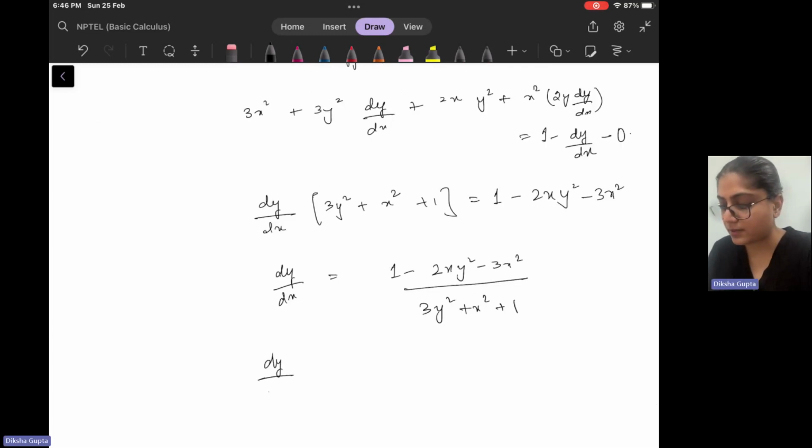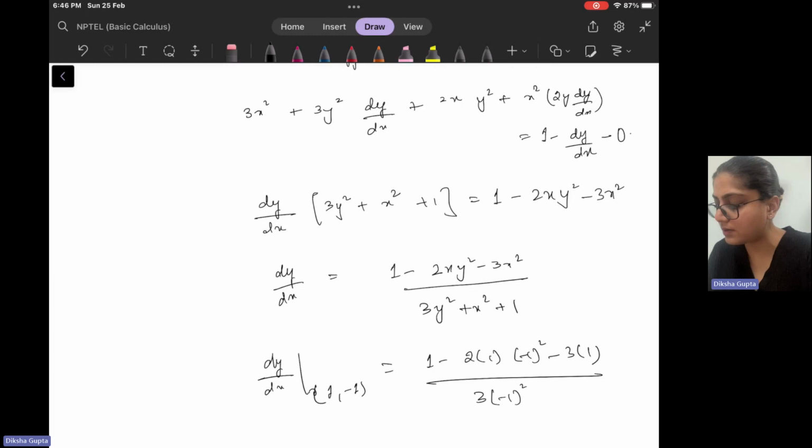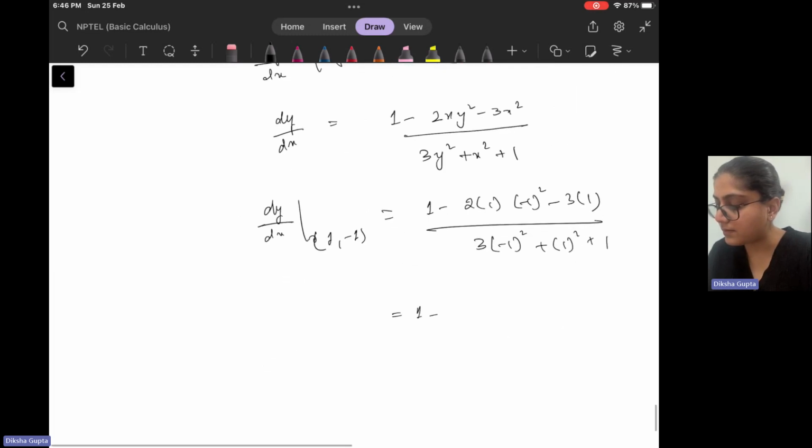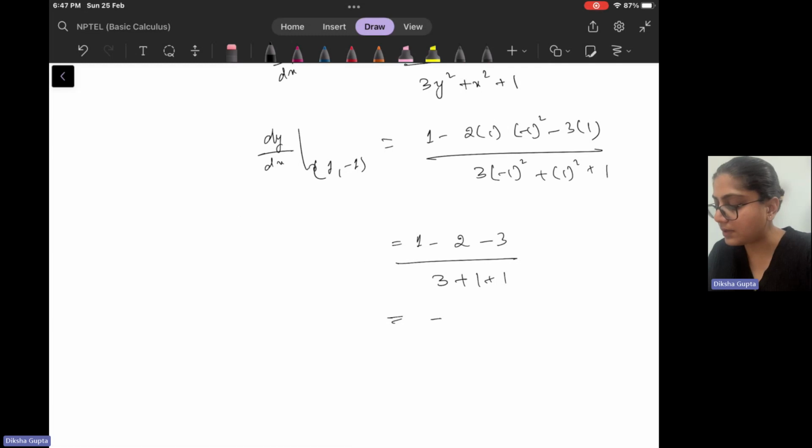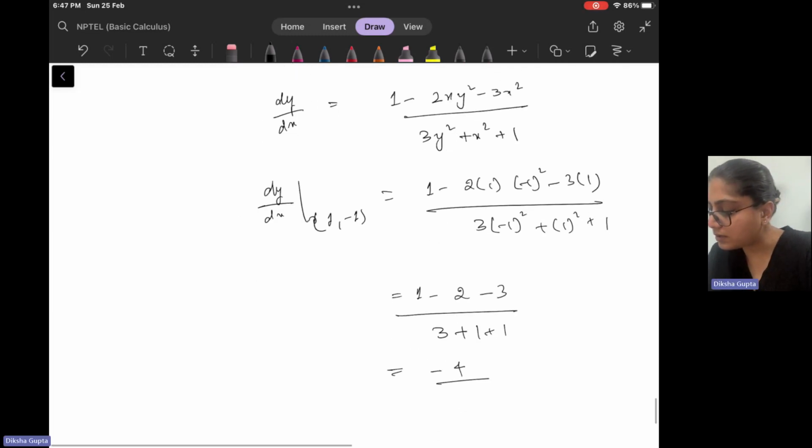So at the point (1, -1), this is 1 minus 2 into 1 into (-1) square minus 3 into 1 upon 3 into (-1) square plus 1 square plus 1. So this is 1 minus 2 minus 3 upon 3 plus 1 plus 1. I've done some calculation mistake, it seems.